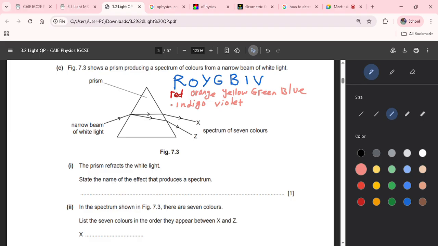The prism refracts the white light. State the name of the effect that produces the spectrum. Do you know the name of the effect that produces the spectrum?